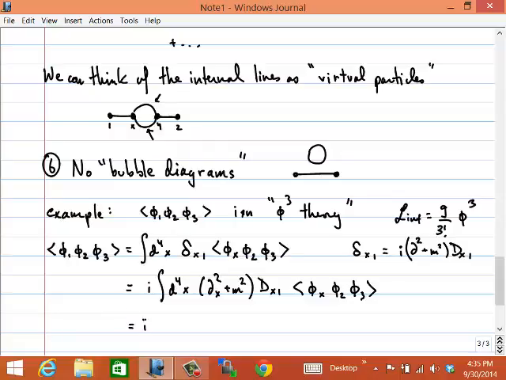Then I can integrate by parts to write this as the integral of a propagator times del_x squared plus m squared acting on this guy.